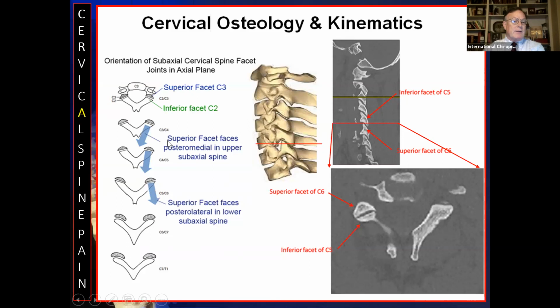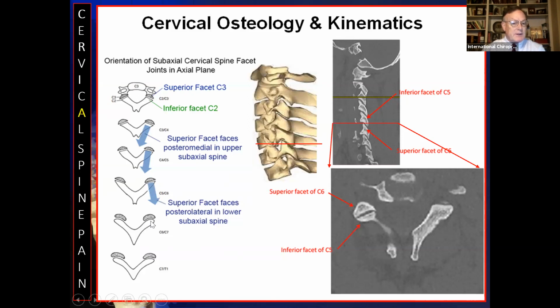Superiorly, notice how the C3-4 and C4-5 superior facets tend to be aimed more posterior medial in the upper spine. Then as we get about C4-5, C5-6, they start to orient their alignment posterior lateral.